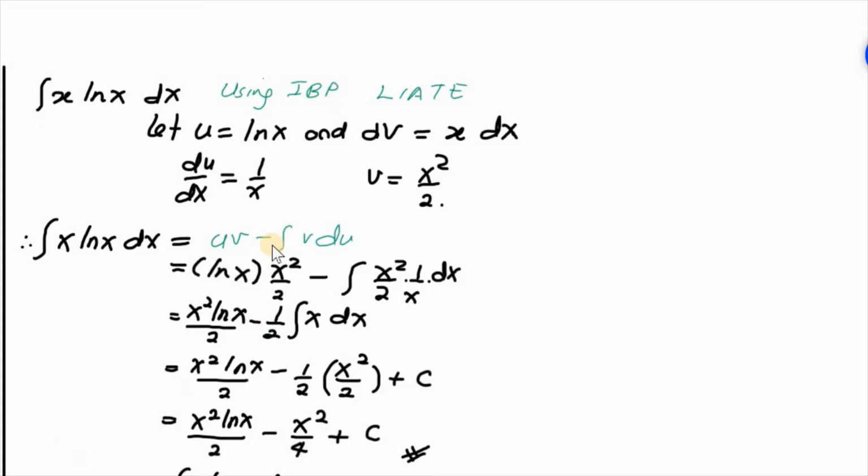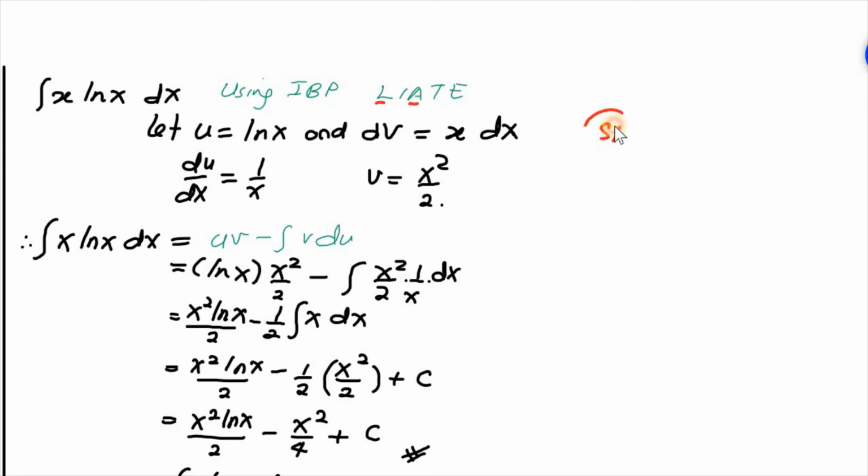So let us compare work on our integral. We are using integration by parts, meaning here we have algebra and we have log. Between log and algebra, the log comes first, meaning the appropriate u to use in IBP is ln x, and the dv is x dx.